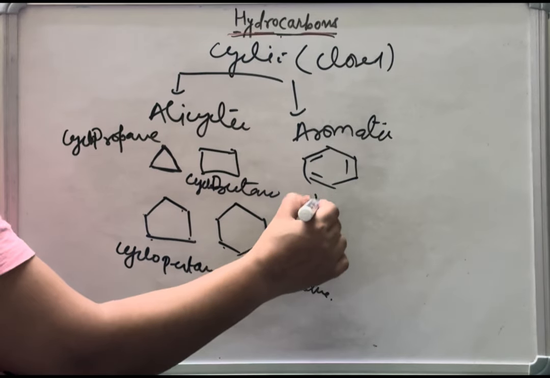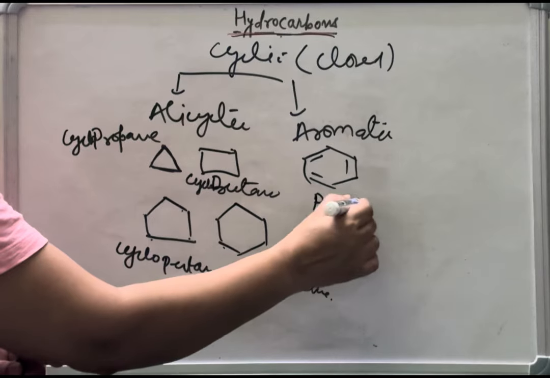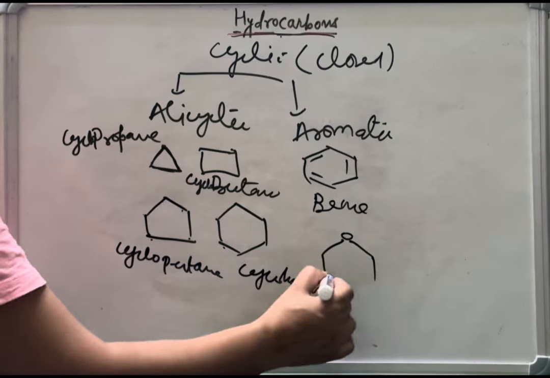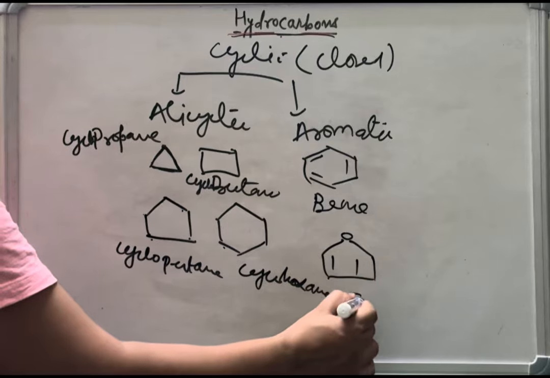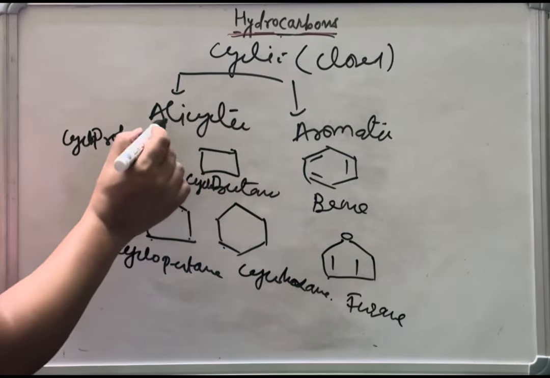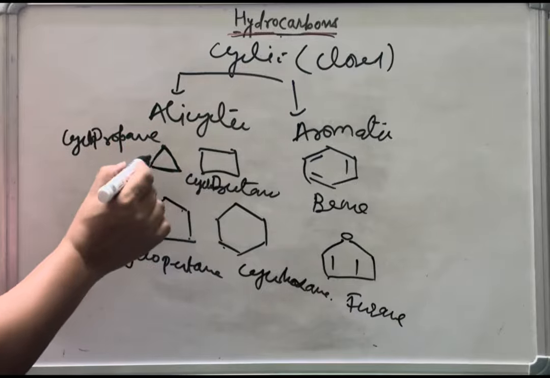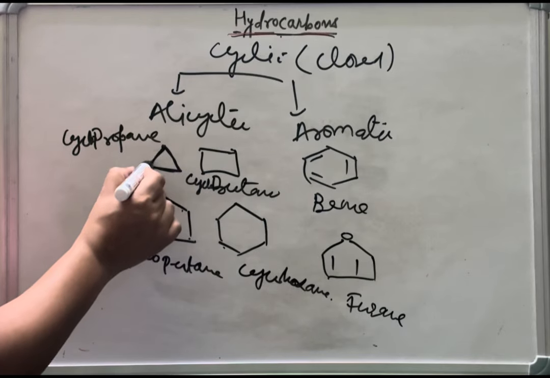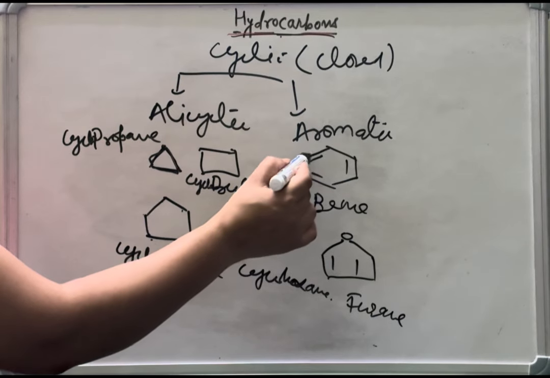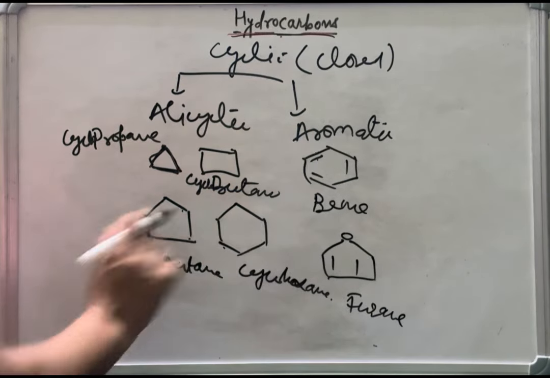So this structure is of benzene, as you can see. Now this structure is of furan. So the basic difference between alicyclic and aromatic hydrocarbons is that in alicyclic hydrocarbons you find only single bonds, but in aromatic hydrocarbons you find a carbon-carbon double bond also.